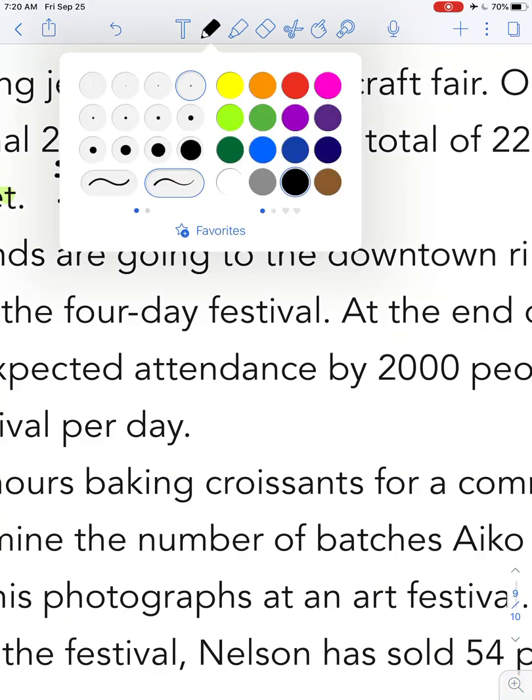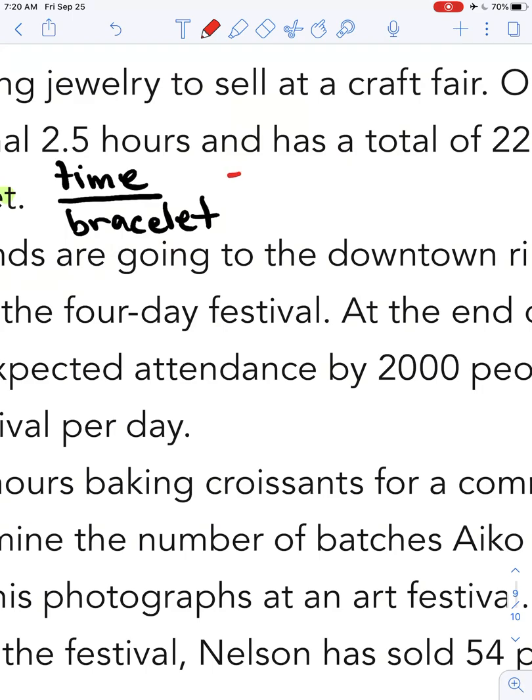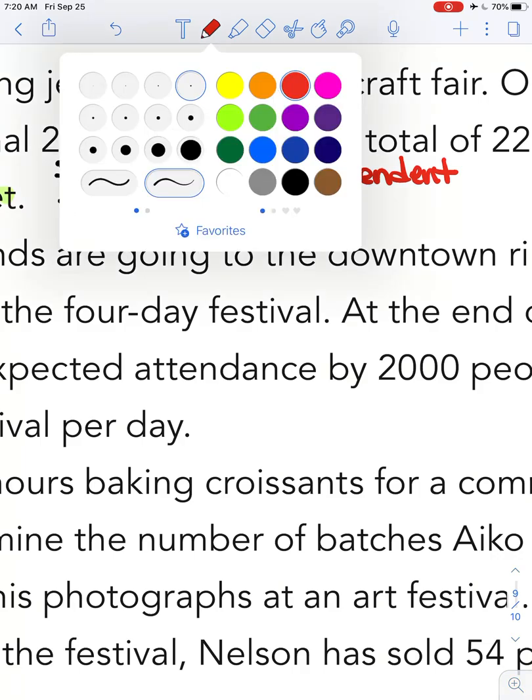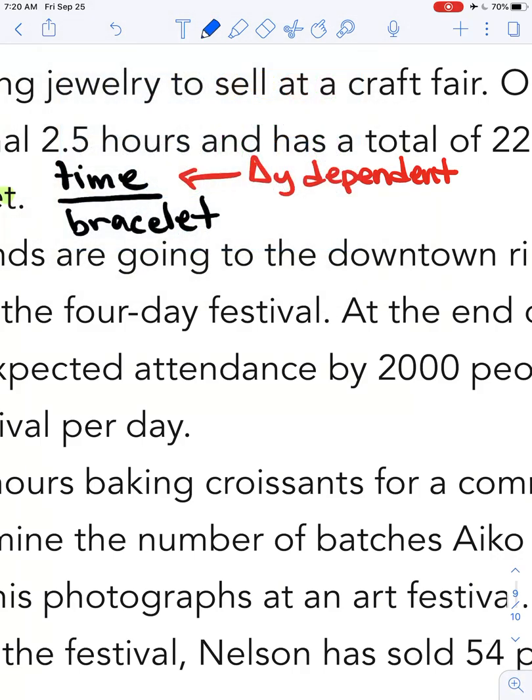Now, if you remember from what we did in class, the numerator is the change in y, which means it's the dependent variable. And this is the change in x, which makes it the independent quantity or variable.